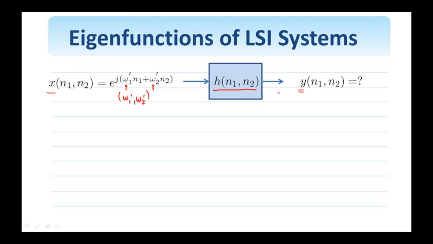Of course, by now we know how to find the output of an LSI system. It's y n1, n2 is equal to the convolution of the input to the system with the system's impulse response. If I apply directly the definition of the convolution, this is equal to this double sum.